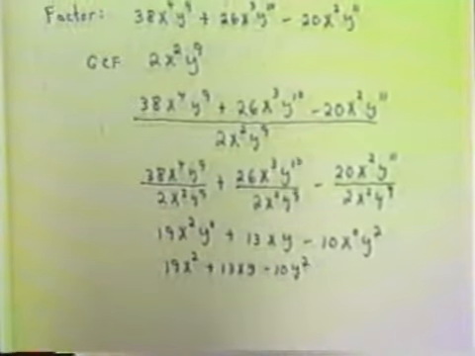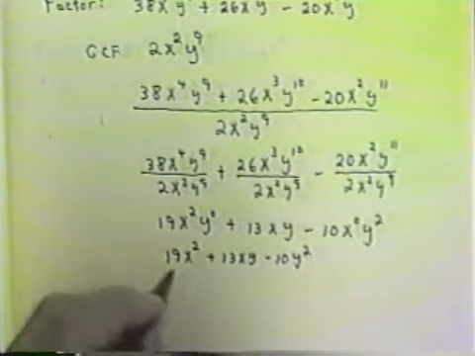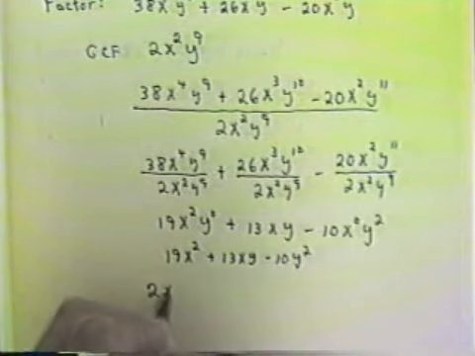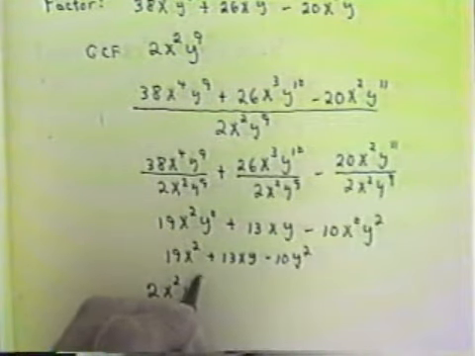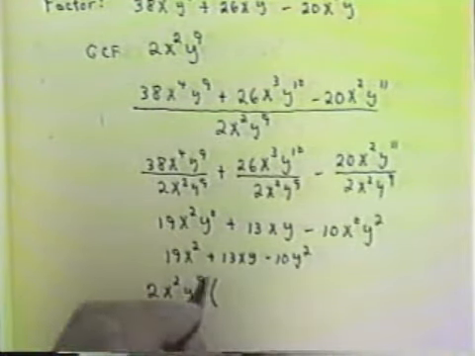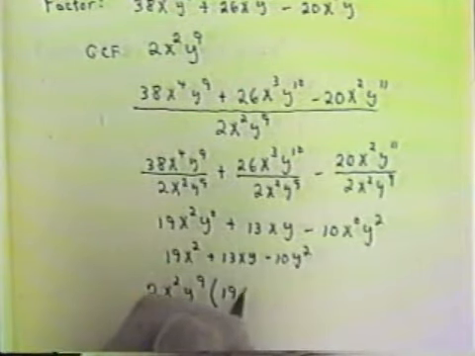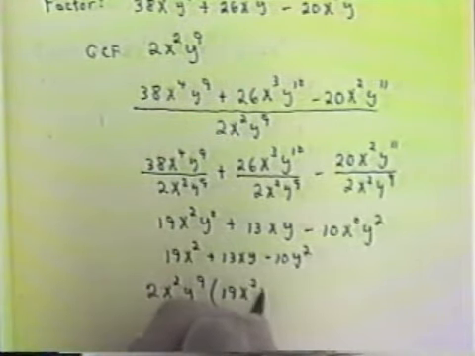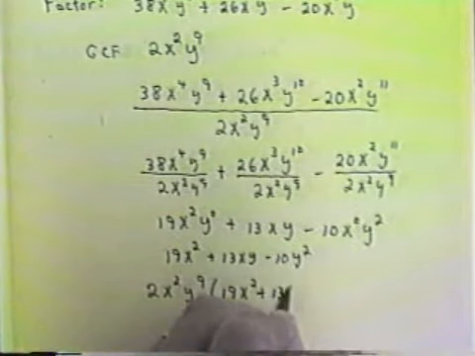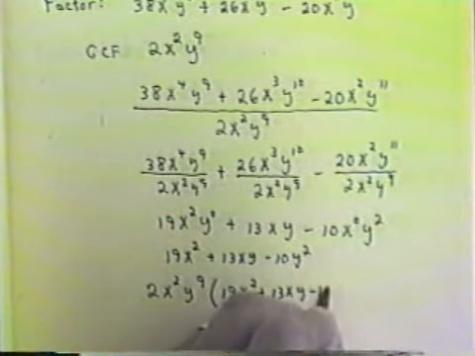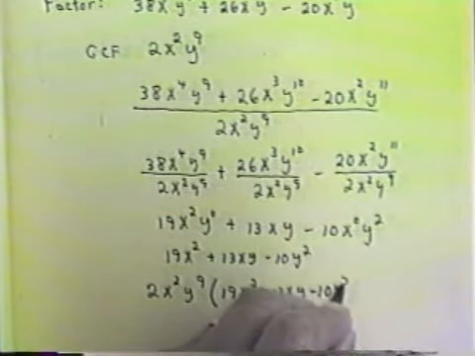The answer will be when I put the two factors together. So my answer will be 2x squared y to the 9th times 19x squared plus 13xy minus 10y squared.